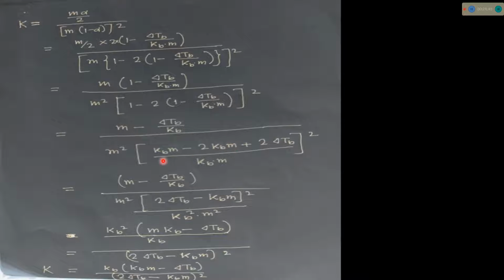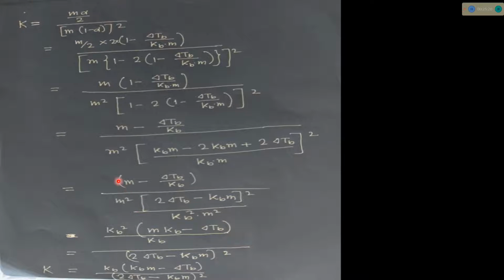Minus 2 kbm plus kbm means minus kbm. So 2 del Tb minus kbm whole square over m square, and now this kb also becomes whole square, because this whole term is inside the square term. Now this m square and this m square will cancel out.